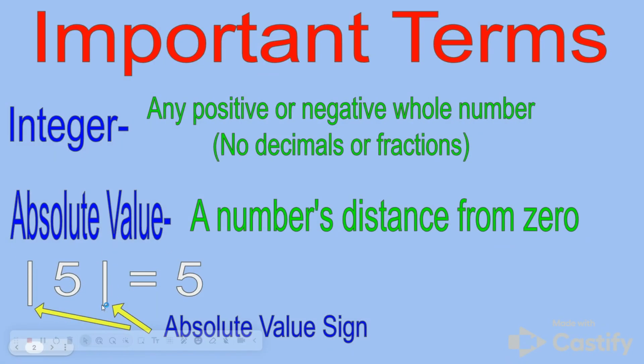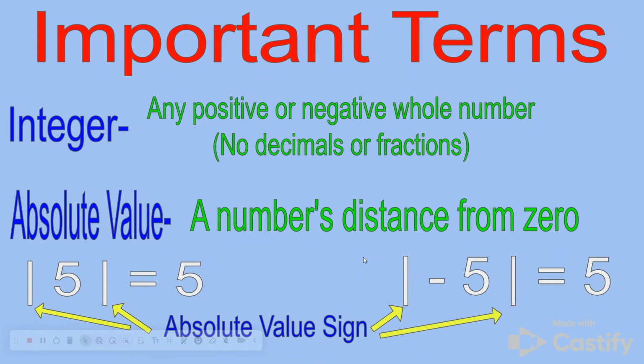When it asks what's the absolute value of 5, the answer is 5 because it's 5 spaces away from 0. Same thing happens when it wants the absolute value of negative 5. These straight up and down lines mean absolute value. So the absolute value of negative 5 is still 5, because negative 5 is also 5 spaces away from 0.